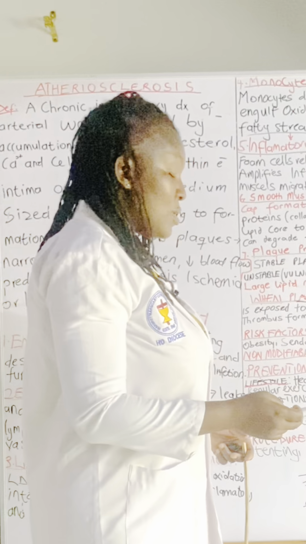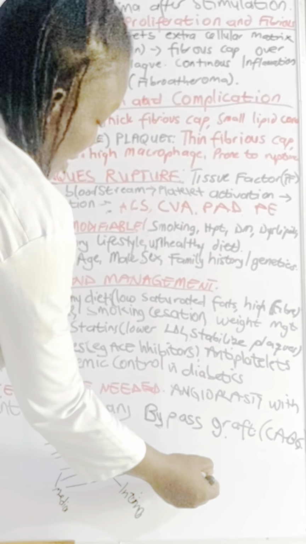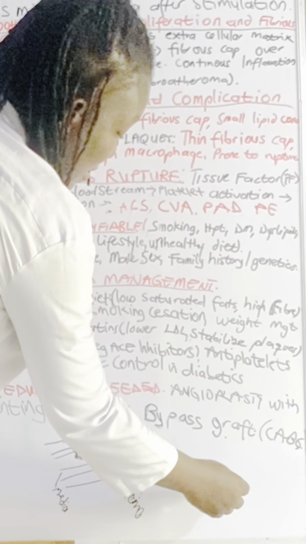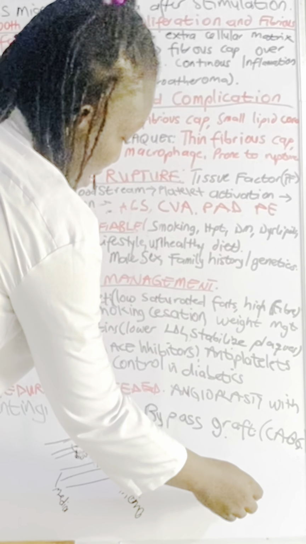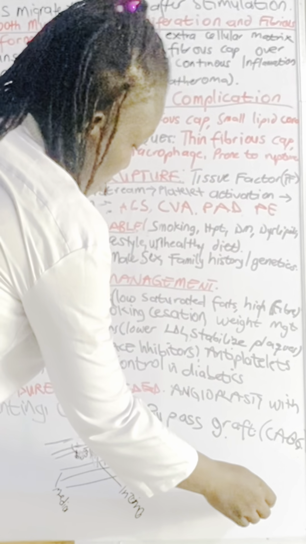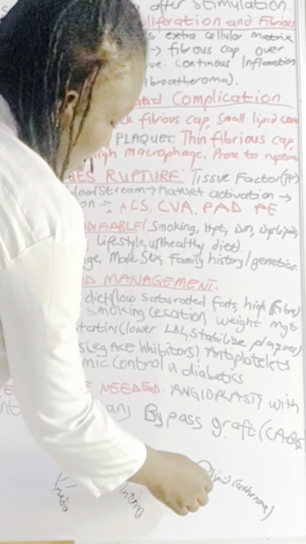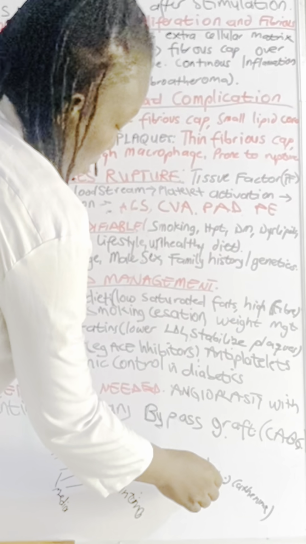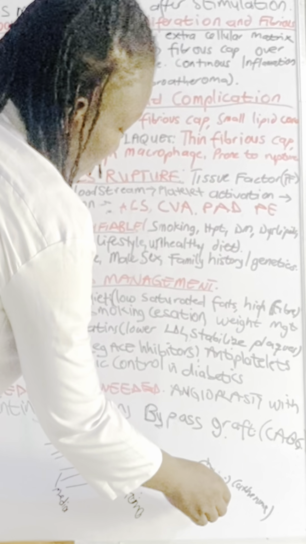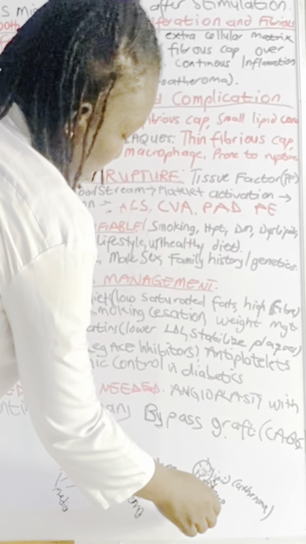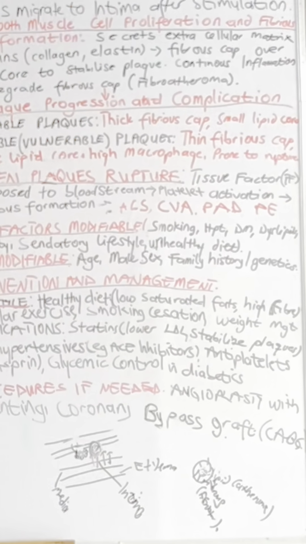All right, so usually when we talk about atherosclerosis, we have the inner one, that is the lipid core, which is referred to as the atheroma. Then we have the outside one, which is the hard fibrous cap, which is the fibroatheroma.